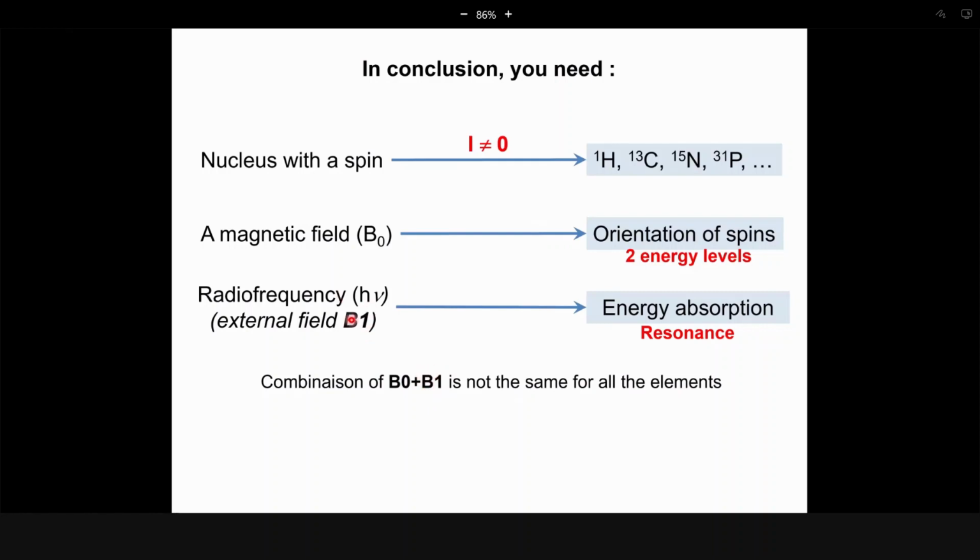You will choose the value of B1 because proton and carbon-13 don't have the resonance at the same frequency. So when you want to observe proton, you will observe only protons. You will not have the carbon-13 on the spectrum, and the same thing, if you observe the carbon-13, you will not see signals for proton, and so on.